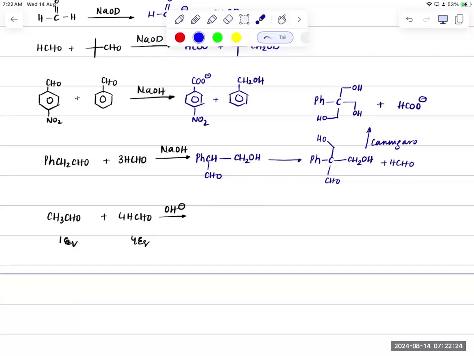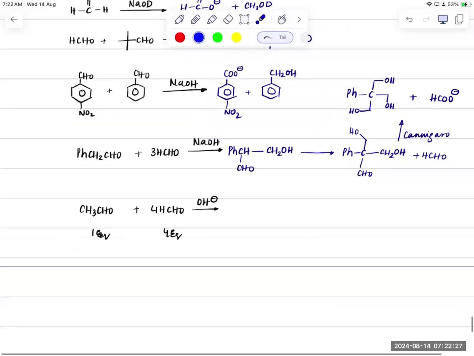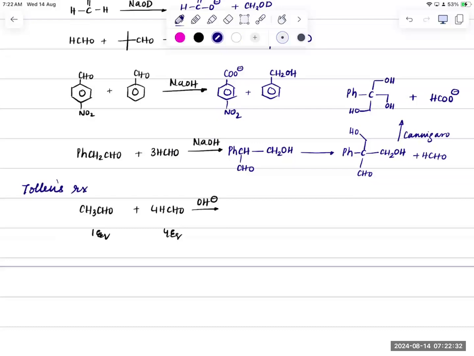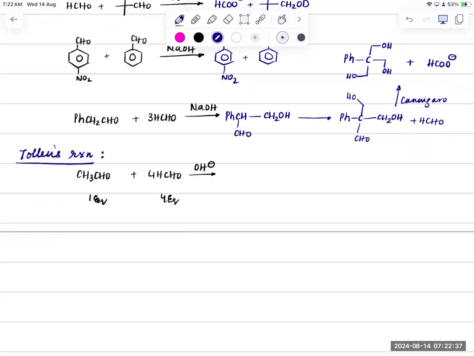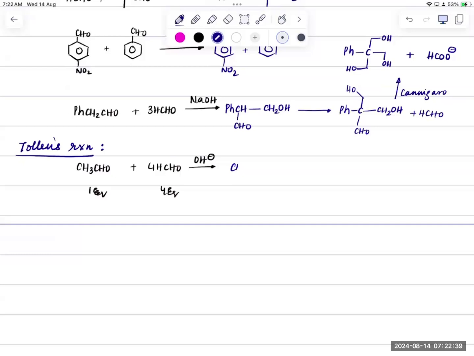If you do the same thing for the next case here, this is called Tollens reaction. So if you do the same thing for Tollens reaction, you will notice that every time we are removing one hydrogen here, adding one swastik kind of group. So CH2, CHO with one OH. This is first mole. Then CHO, then we have OH and OH.